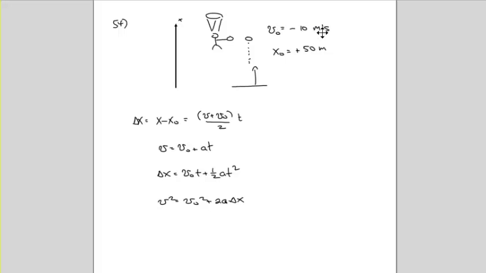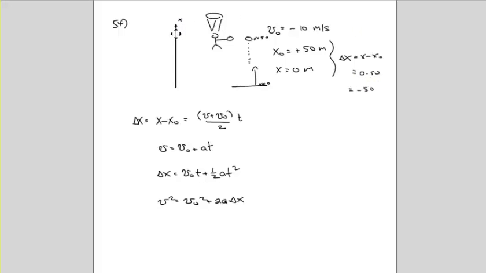So we know v0 is negative 10 meters per second. We know x0 is 50 meters, and x is 0 meters. So we'll define 0 meters here, x equals 0 here, x equals positive 50 in that direction. From these two, delta x is x minus x0, which is 0 minus 50, or negative 50.